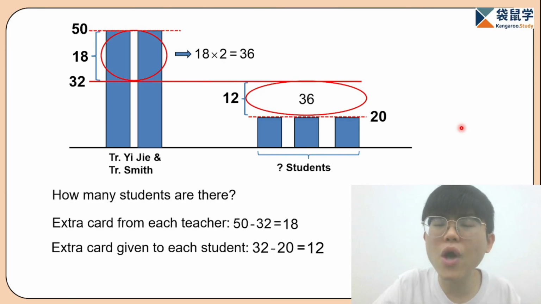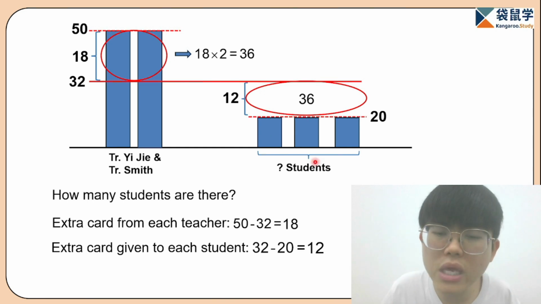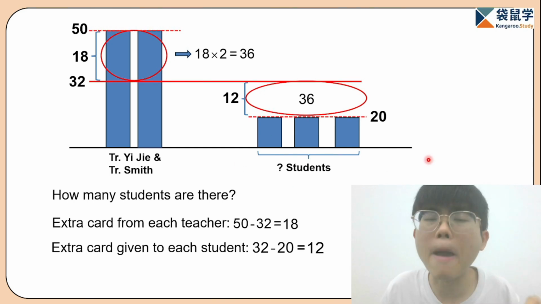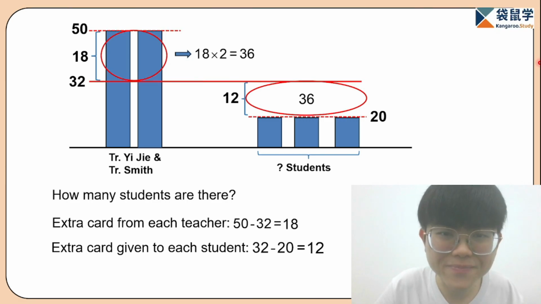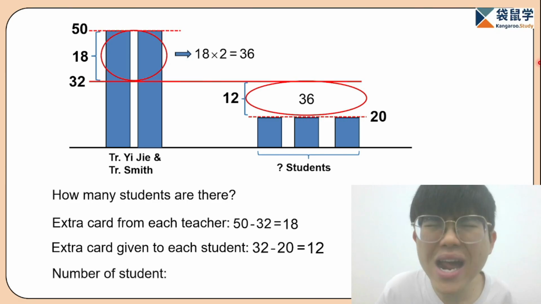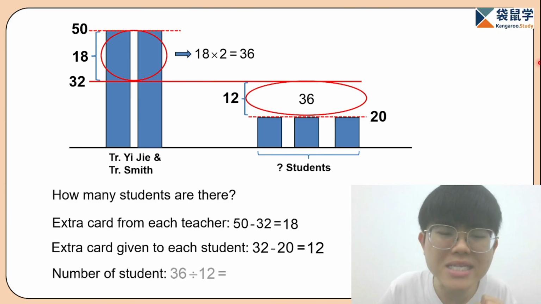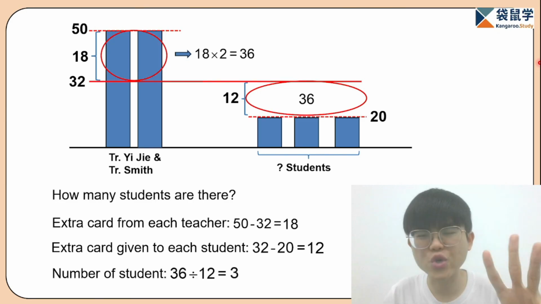Now that we know that 36 cards have to be given to the students, and each of them must receive 12 reward cards, how do we find the number of students here? To find the number of students, you just have to use 36 divided by 12, which is 3 students.